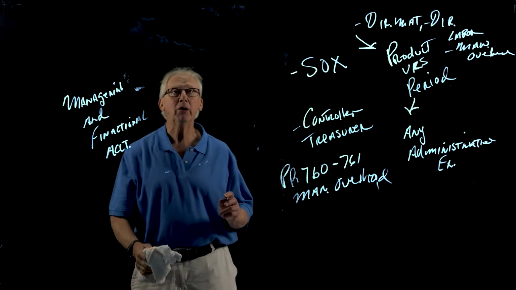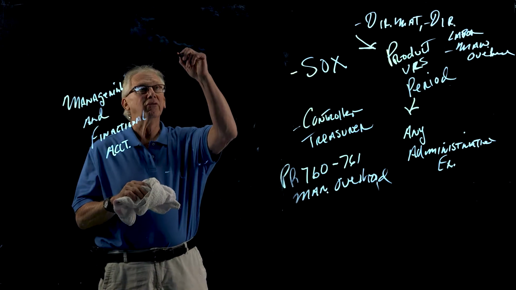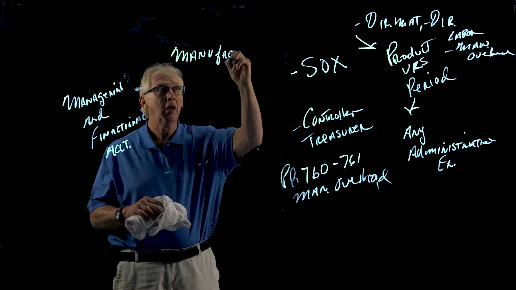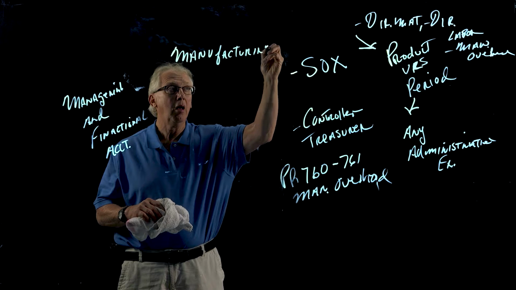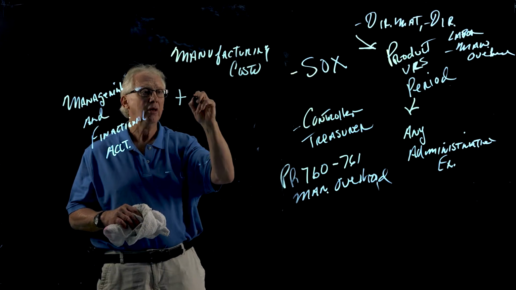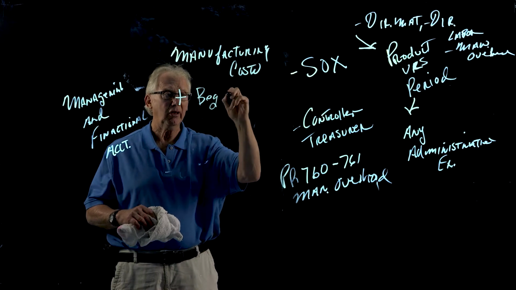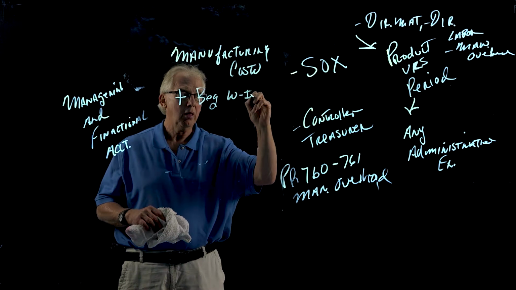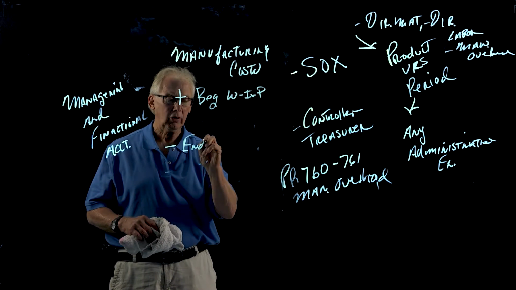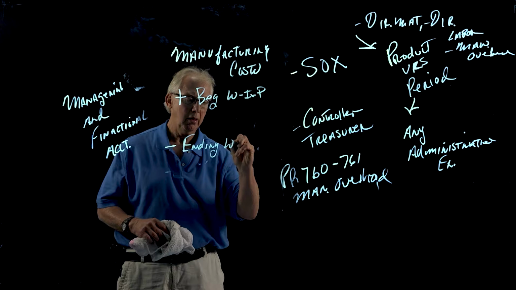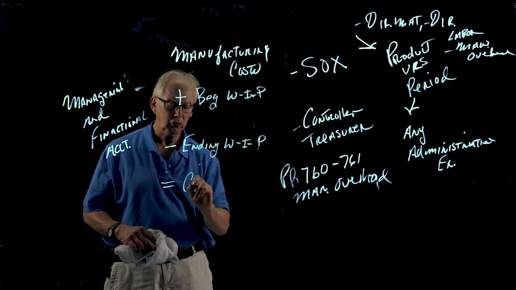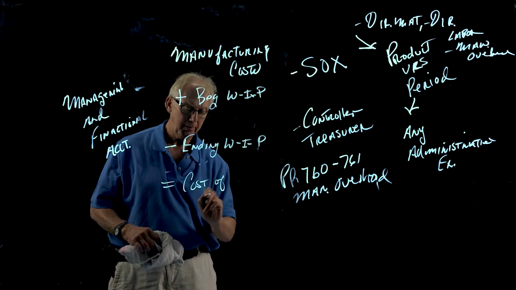Okay, basically what this statement is: manufacturing cost plus beginning work in process, okay, minus ending work in process, and WIP is work in process, equals cost of goods manufactured.